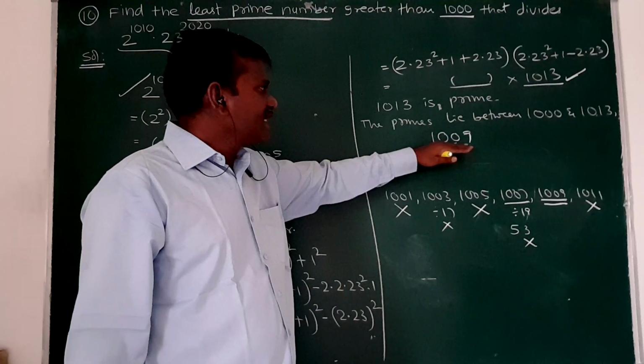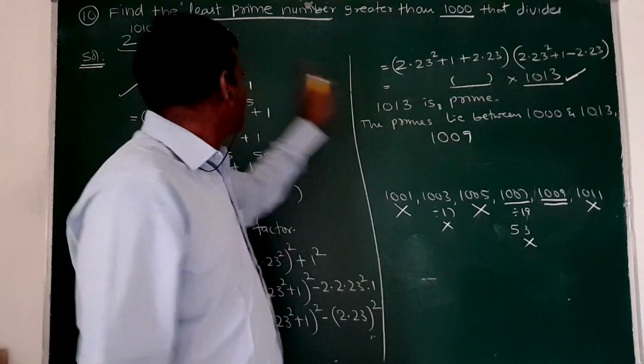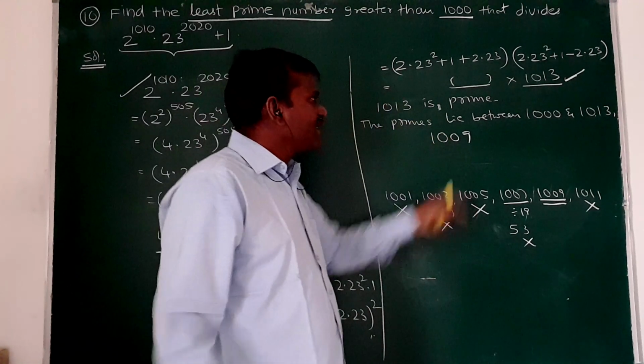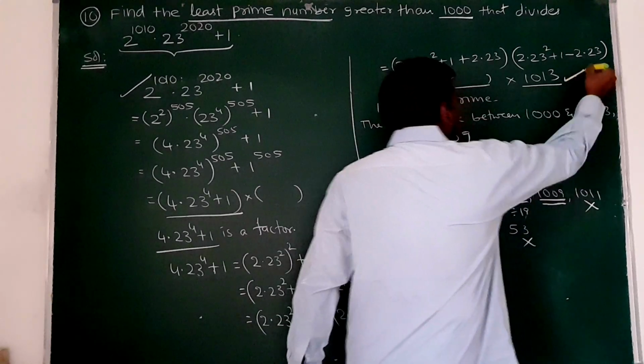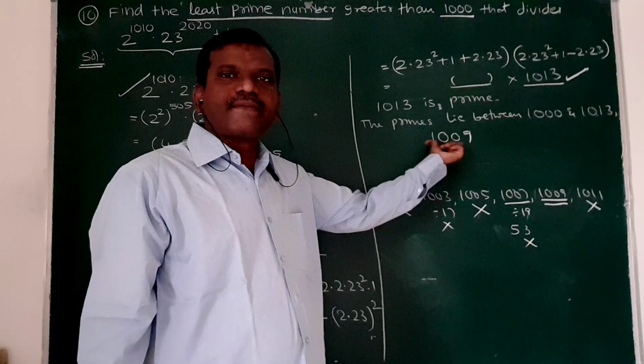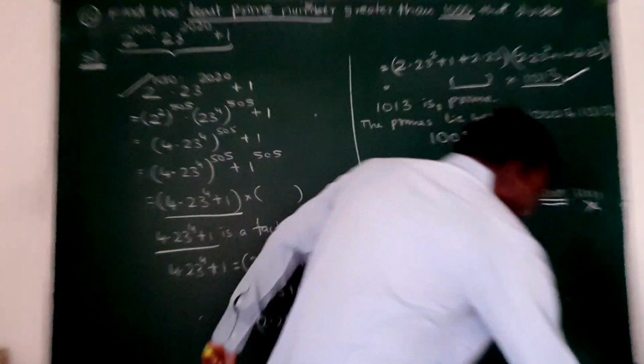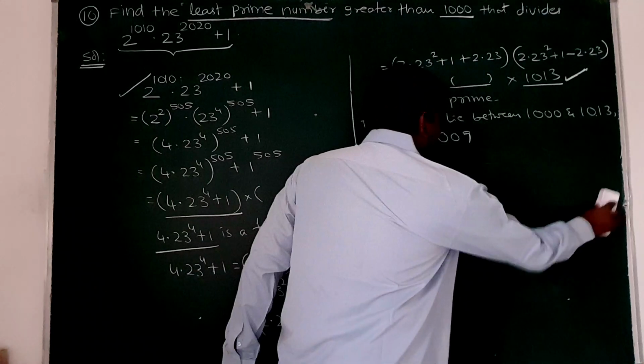I will check the divisibility by 1009. If the given expression is not divisible by 1009, then our answer is 1013. Otherwise, if it divides, the least prime number is 1009. That is the conclusion. So now I want to check the divisibility by 1009.